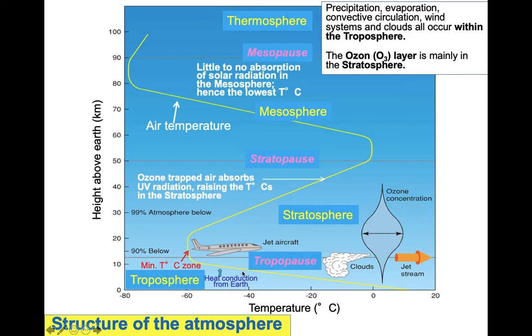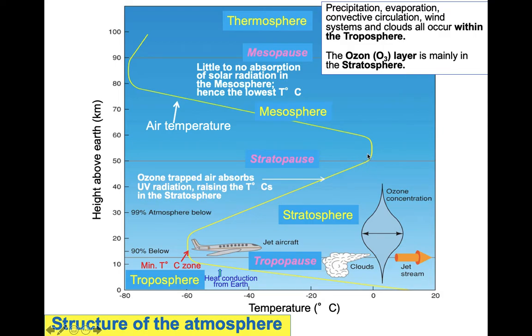The reason for these differences is because we have heat loss from the Earth's surface. So heat conduction is affecting this part of the curve, and then the reason for this quick rise in the temperatures in the stratosphere is because we have the ozone layer within the stratosphere, and that ozone layer absorbs the UV radiation, raising the temperatures in the stratosphere.